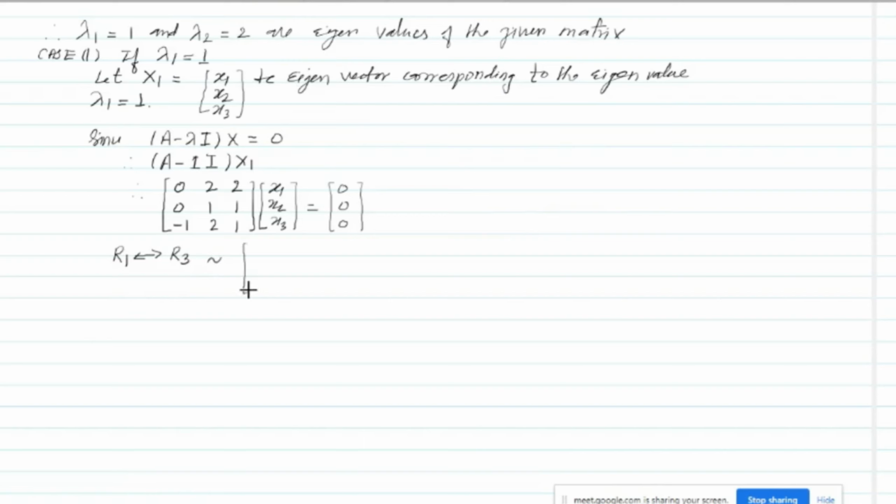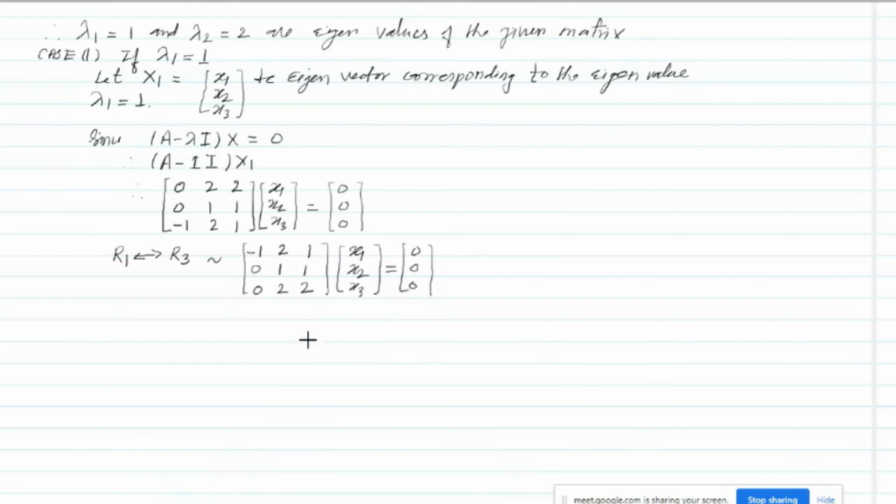So this matrix becomes: second row as it is, so write down 0, 1, 1; interchanging R1 and R3, this becomes -1, 2, 1, and here 0, 2, 2. And write down your column vector x1, x2, x3, and this equals the right-hand side 0, 0, 0.